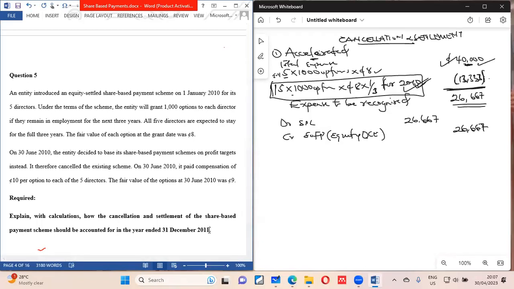I'm saying that if the question is like this, it means the cancellation was done in half of the year. Please, are you getting it? Half of the same year they issued the thing. Is that okay?